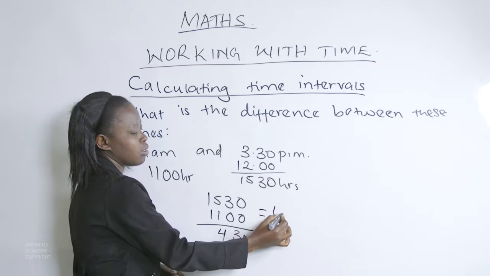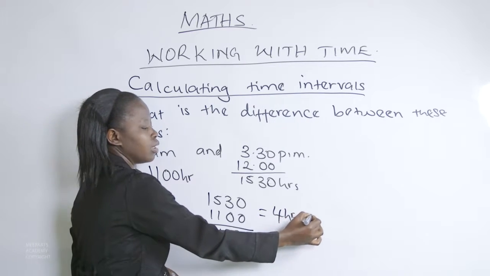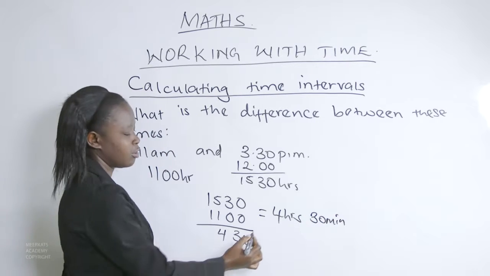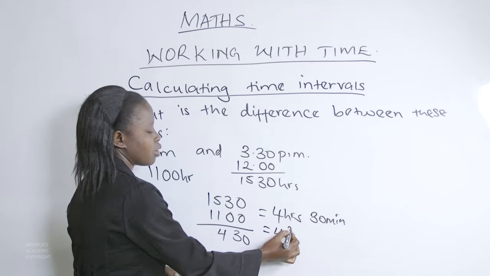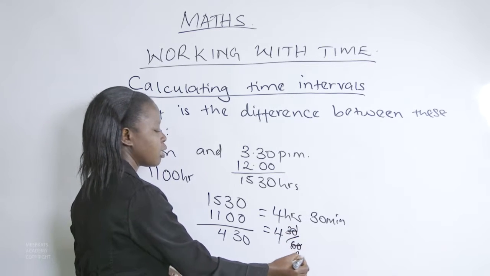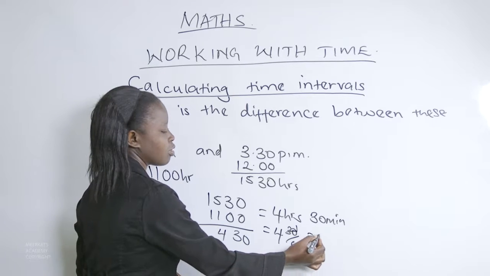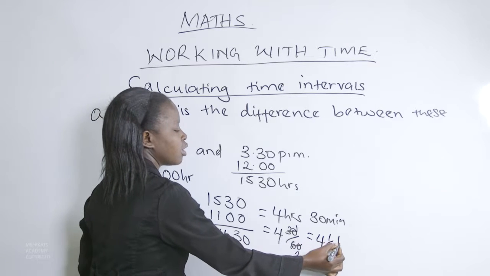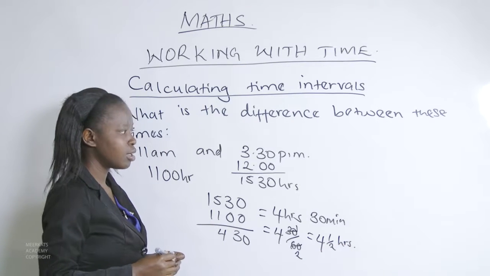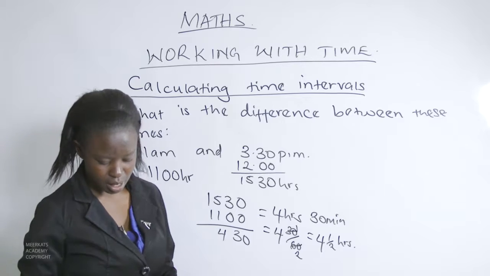So this is 4 hours, 30 minutes. Converting to hours, we have 4 hours and 30 out of 60, and 30 over 60 is simply 1/2. So we have 4.5 hours as the difference between 11 a.m. and 3:30 p.m.